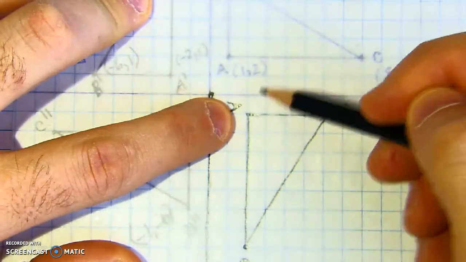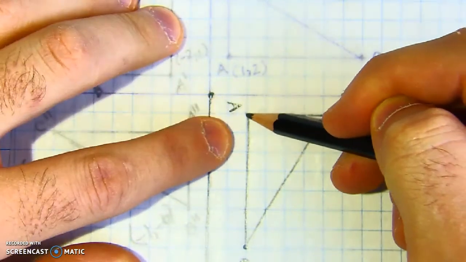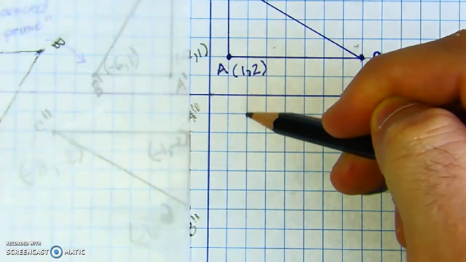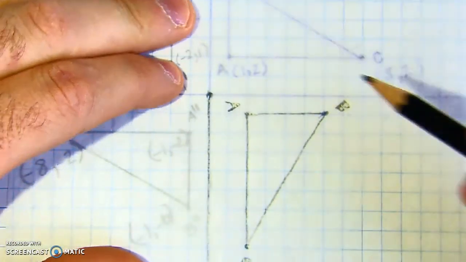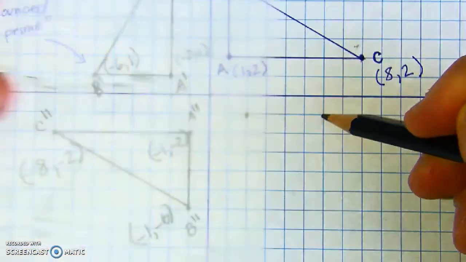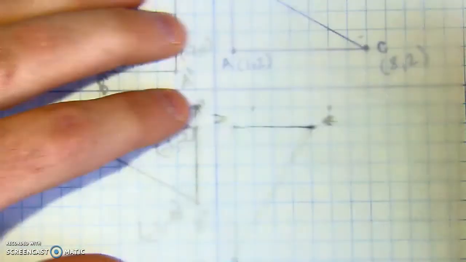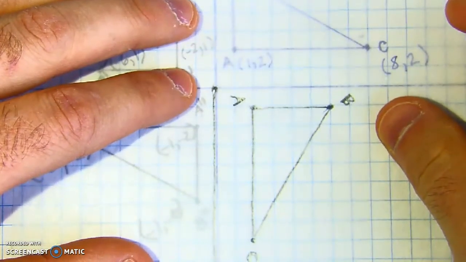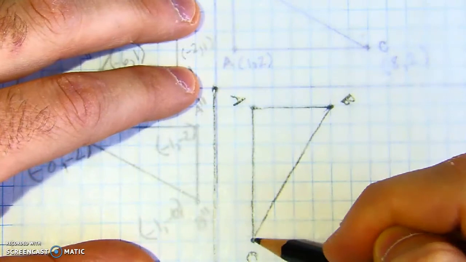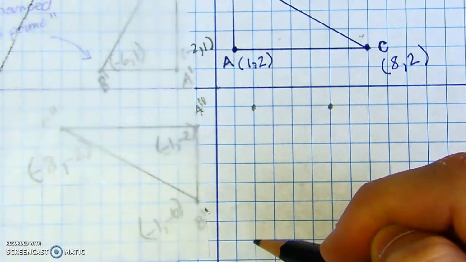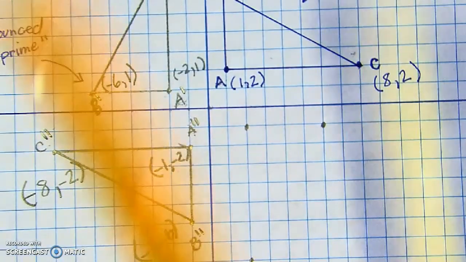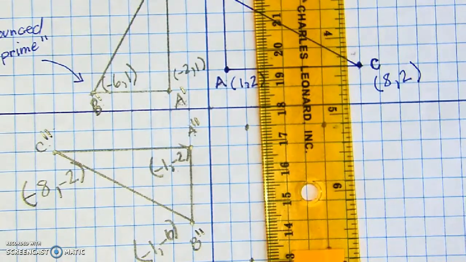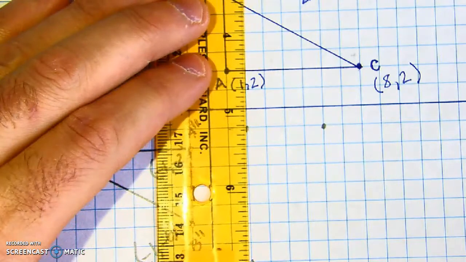All right, so let me find these new coordinates. There's one right there. That's going to be A. This one right here is going to be B. And finally, this one down here is going to be where C lands. All right, this is what we would have done had we been in school.